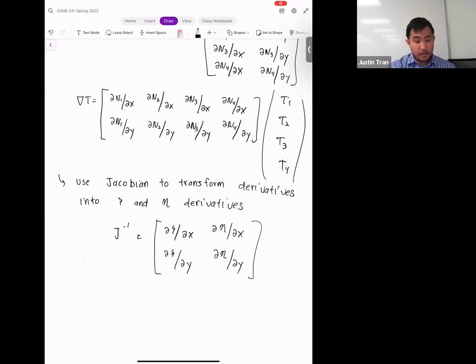And so this right here is a 2x2 matrix. What if we take this 2x2 matrix and combine it together with the shape function matrix that's taken with respect to the parent coordinates?